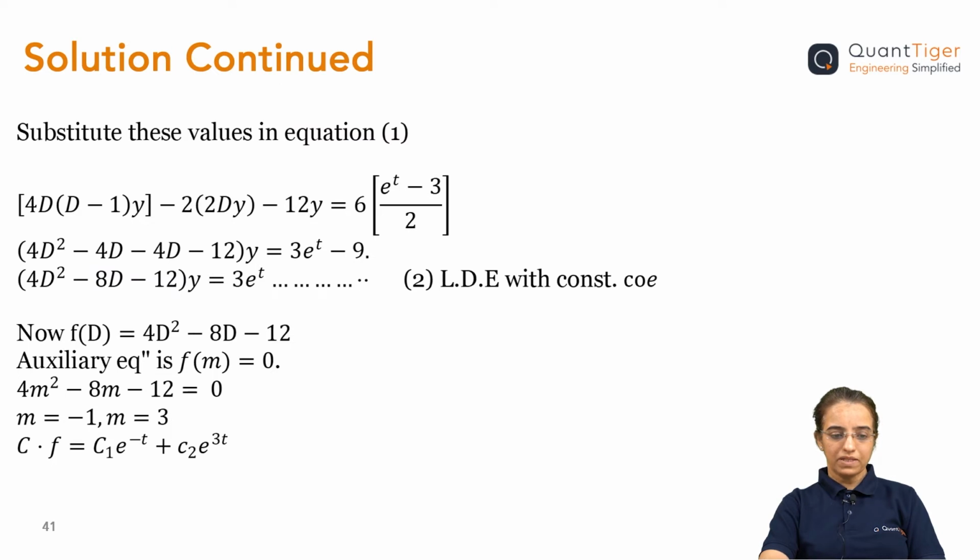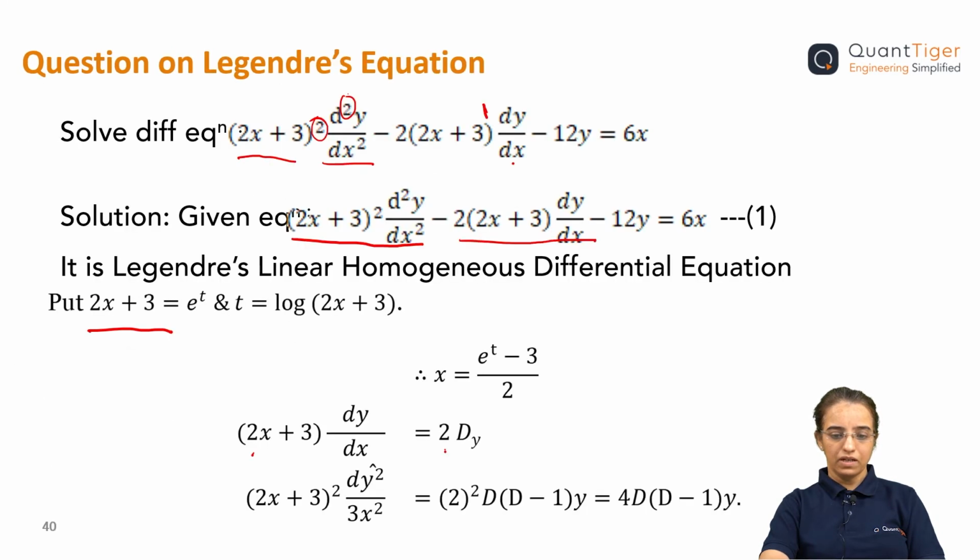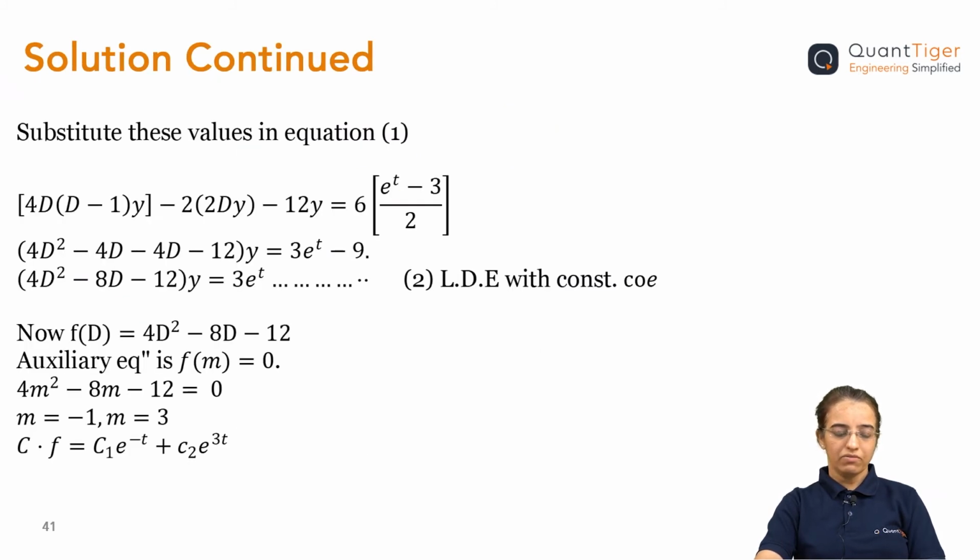So if you keep this substitution everywhere in equation 1, जो भी given equation था, तो हमें ये equation मिल जाता है यहाँ पे. I have done the substitution for each term, even for second order, for first order, and यहाँ पे जो minus 12y था वो वैसे ही रख दिया. And on the RHS side 6x was there, so instead of x I have received this by shifting the terms.